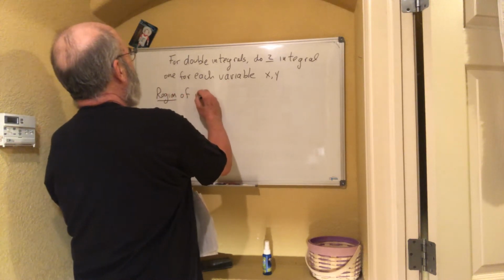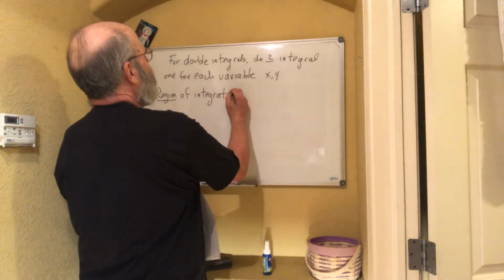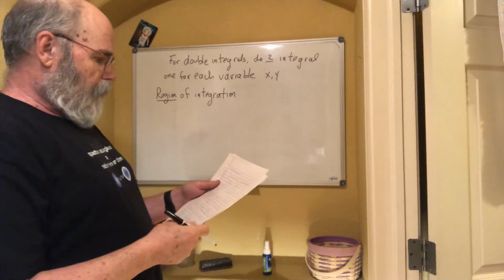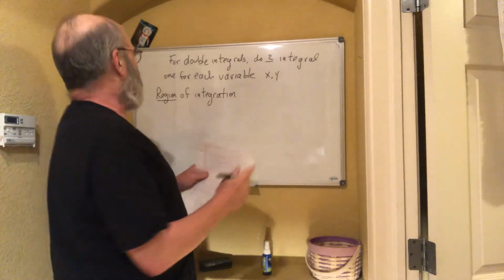Anyway, the idea here is now the region of integration. In 1 dimension, that's just an interval. We integrate from a to b, right? Well, here in 2 dimensions, it's more complicated than that.